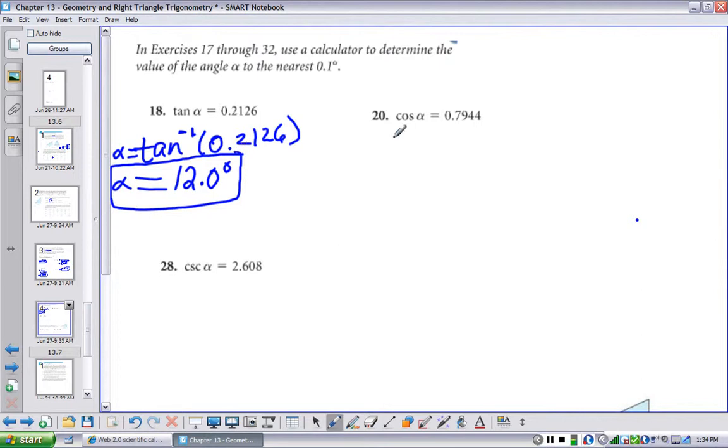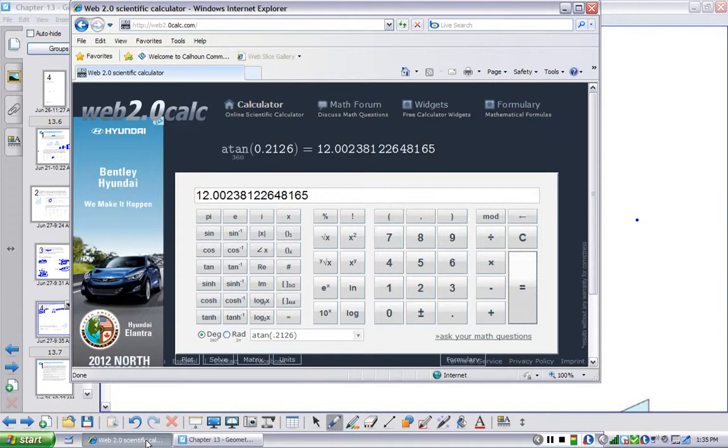Okay, let's look at number 20. Alpha is going to be the inverse cosine of 0.7944. So let's look at our calculator.